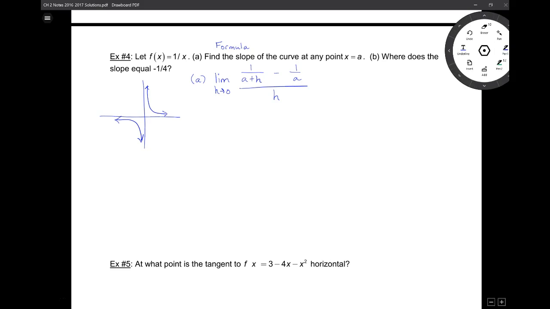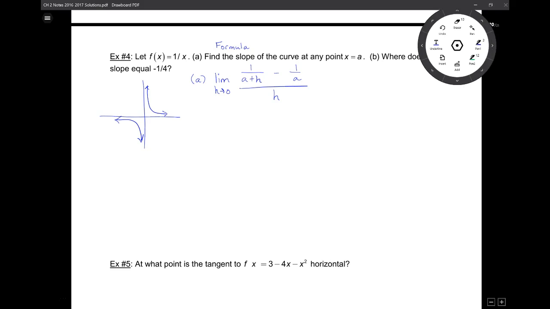Let's find a common denominator in the top. So I'm going to multiply by a over a here, and I'll multiply this one by a plus h over a plus h. I'm not going to do anything with the h on the bottom. The h on the bottom is something we'll deal with later.